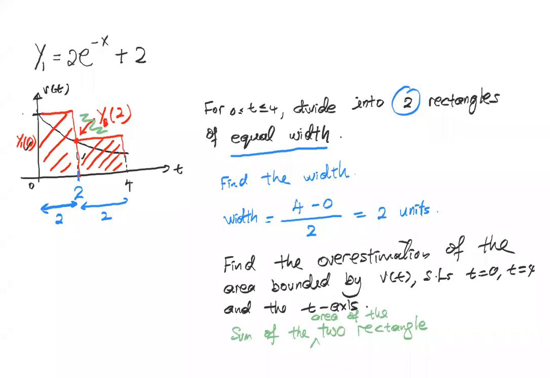Since they are equal width, can I put the width outside? So can I say the width times by the sum of the height?